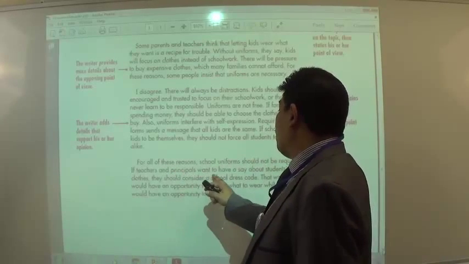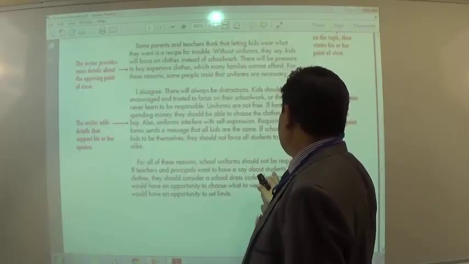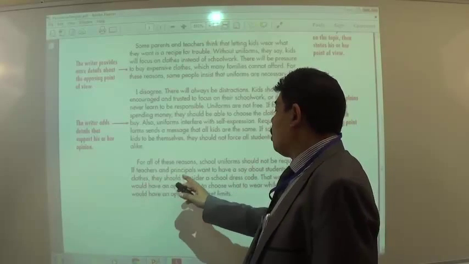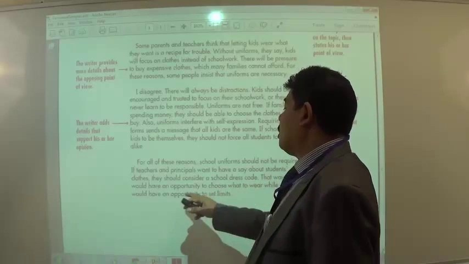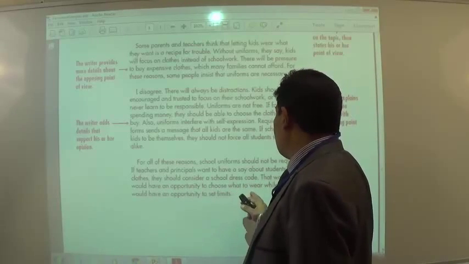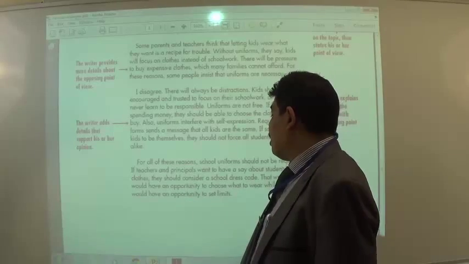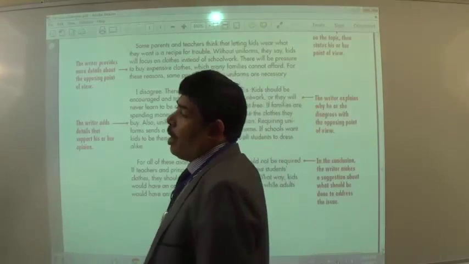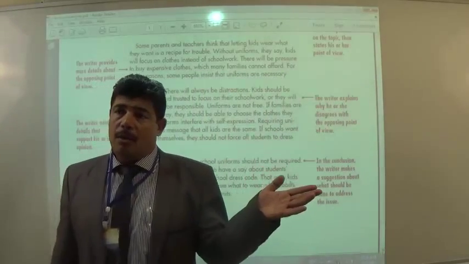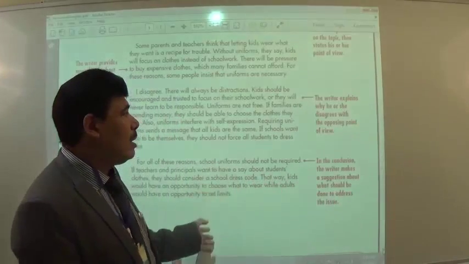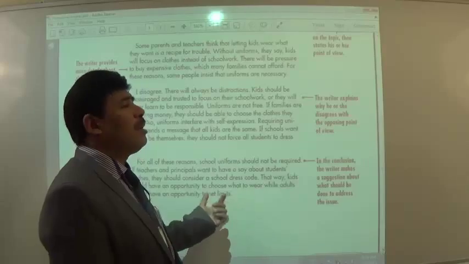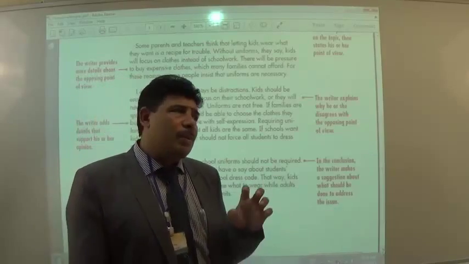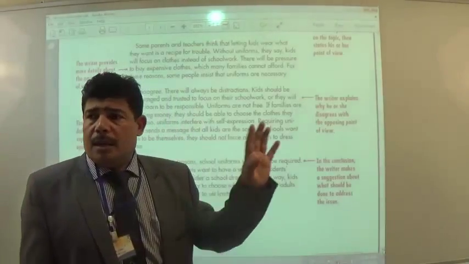"If teachers and principals want to have a say about students' clothes, they should consider a school dress code. That way, kids would have an opportunity to choose what to wear, while adults would have an opportunity to set limits." So he is trying to say, okay, let parents choose, and they put limits for their students, but not just one thing.